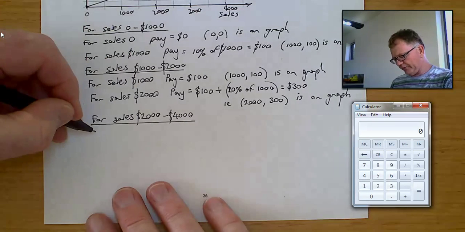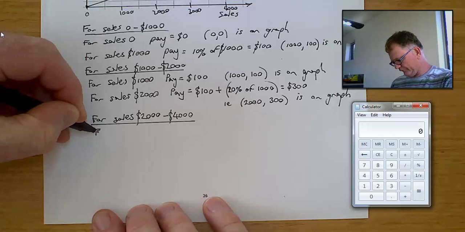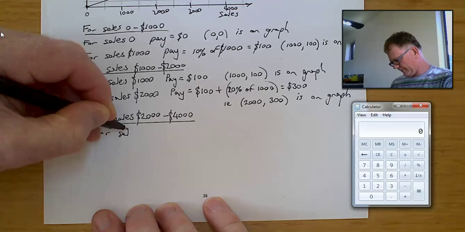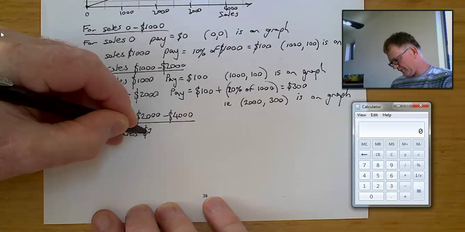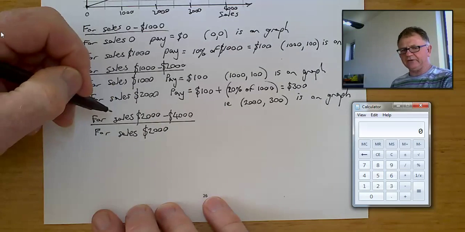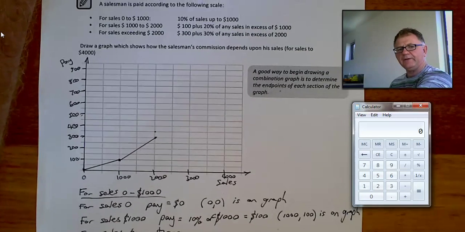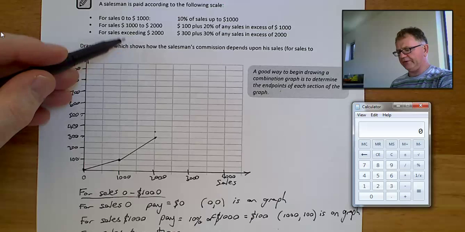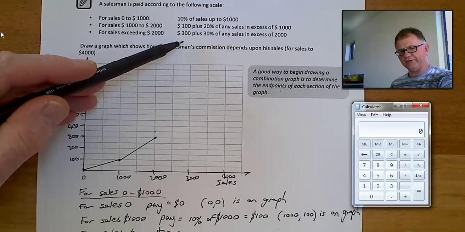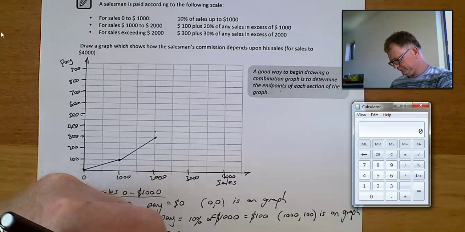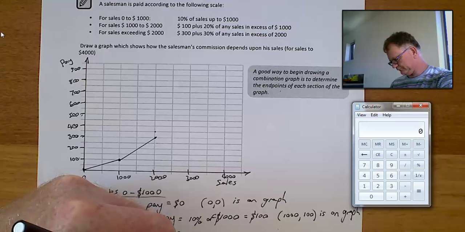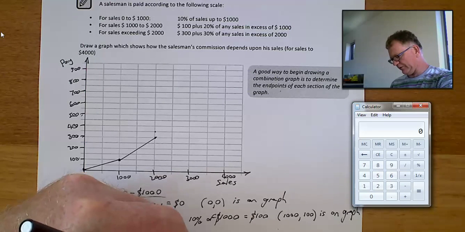Now on sales of 2,000, this bracket tells you, and let's just have a look at what it says. For sales of 2,000, you get paid $300. There's a point on the graph.